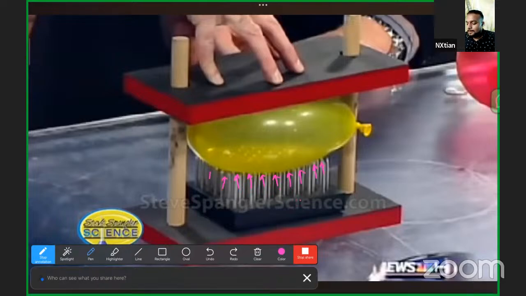You can see that the force which is applied perpendicular to this balloon is now divided among each nail. That's why, with more surface area, the pressure is less. Okay? Yes or no?